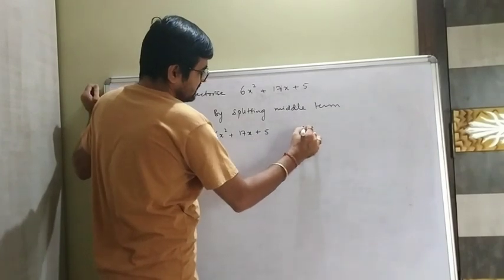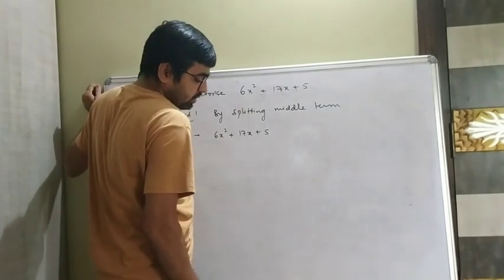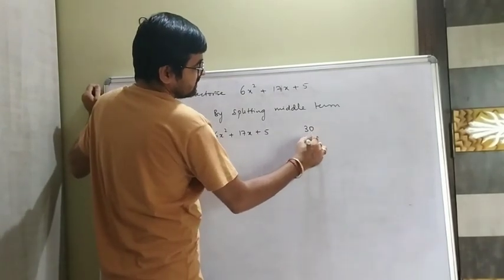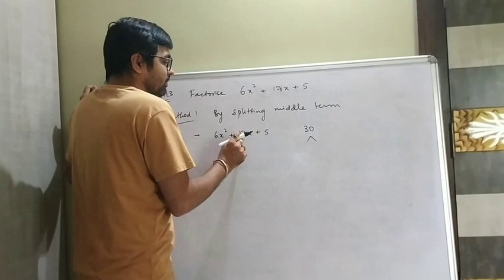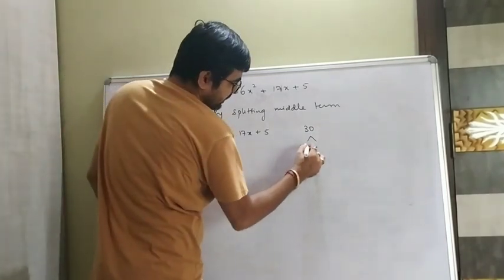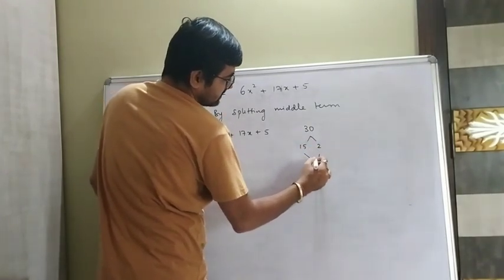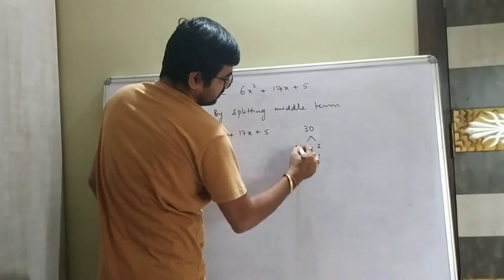So my product ac, means 6 into 5, that will be 30. So I need to factor 30 in such a way that the sum should be 17. It is very easy to understand. 15 and 2 are the factors, and their sum will give you 17, both plus.